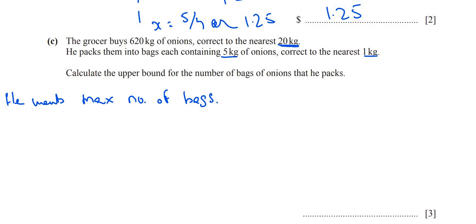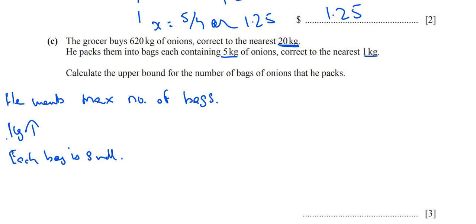You will only get maximum number of bags when the kg of onions is high, and each bag is small. For example, if the kgs of onions is very high and each bag can hold very few kgs of onions, you will need many bags, all right?